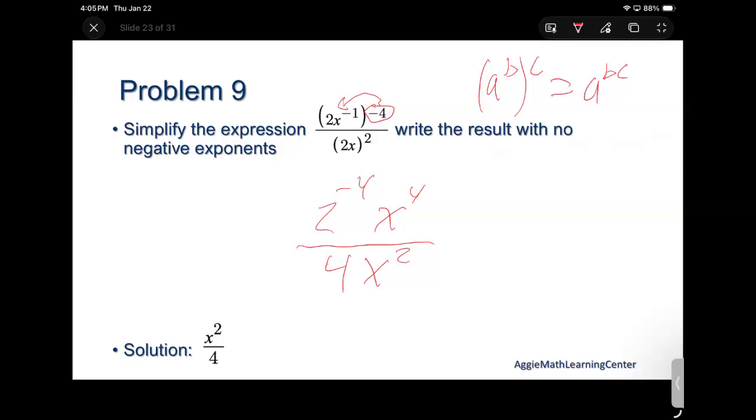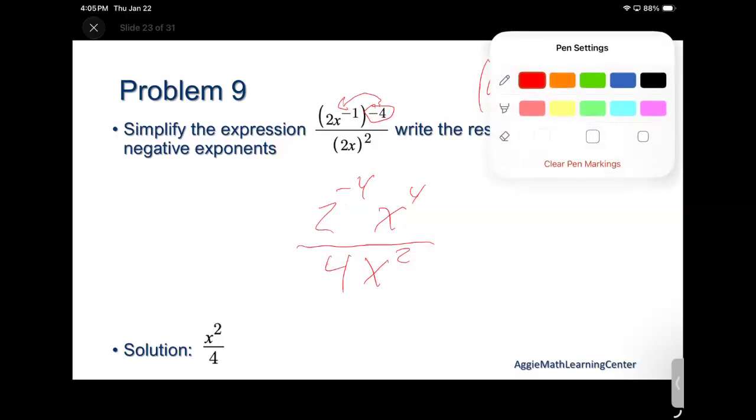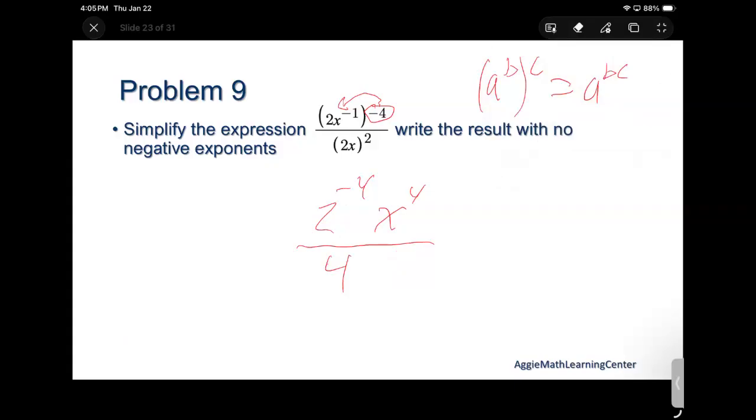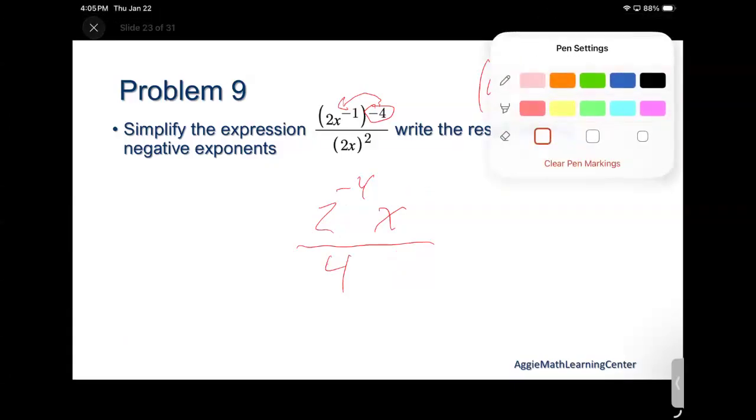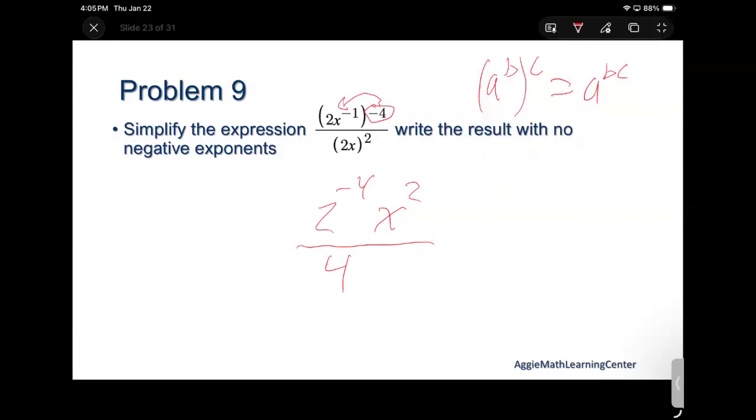How many x's do we have left? 2, exactly. So we're going to erase that. x to the 2. Yeah, I got x squared over 64. Yeah, so this answer is wrong.